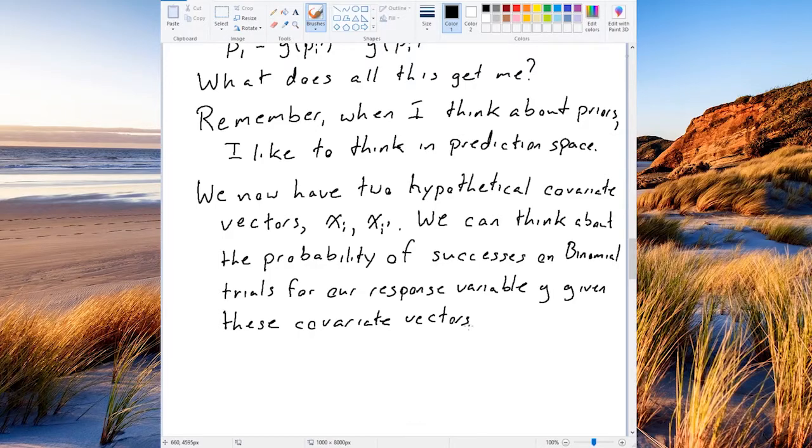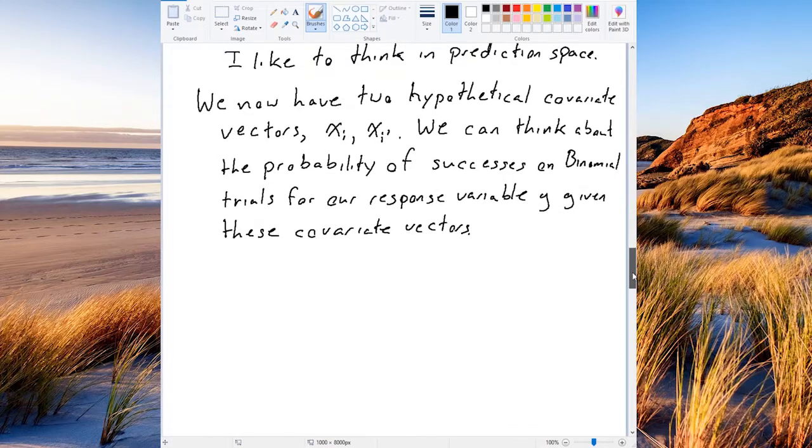So let's put that in some sort of context. Now I'm going to spend the next lecture talking about one or two extended examples using binomial regression, but just as a toy example for the moment, because let's be topical, let's talk about diagnostic testing for COVID-19.